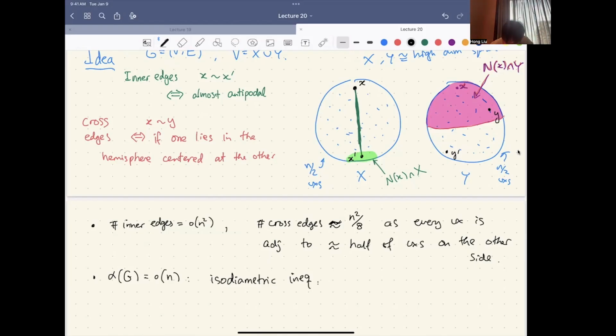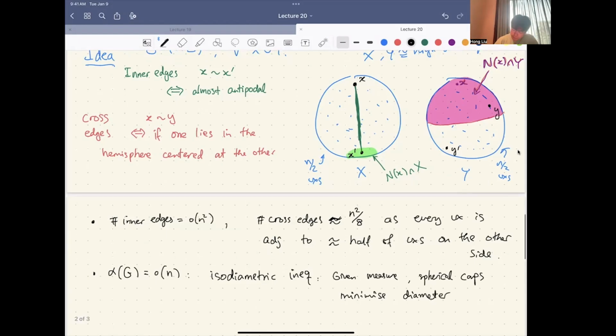So given the measure, the spherical cap minimizes diameter.